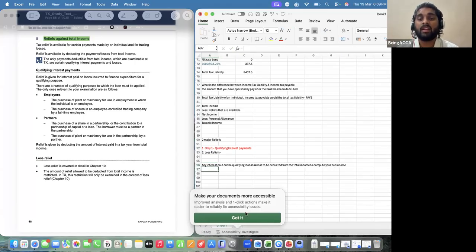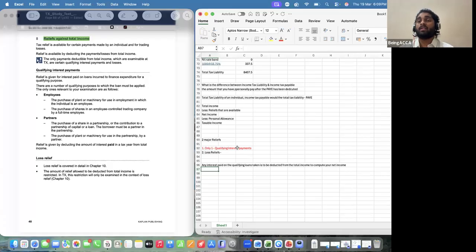Now, from this, let's try to identify what those qualifying loans are. Qualifying loans are of two types. One is for employees and the other is for partners in a partnership.